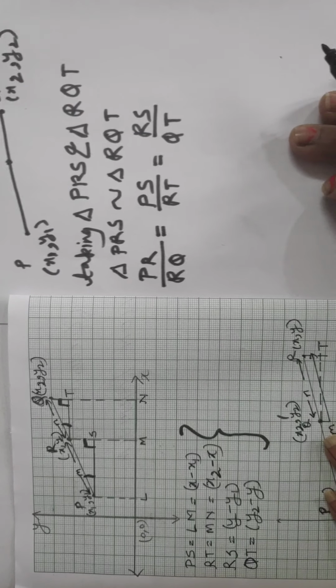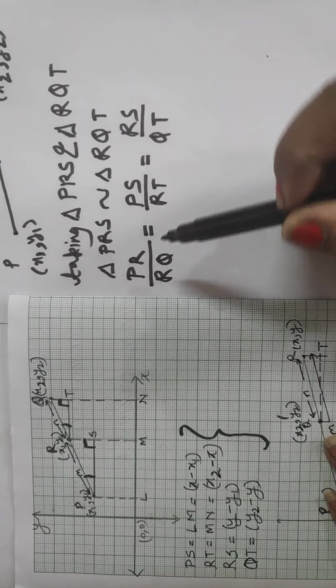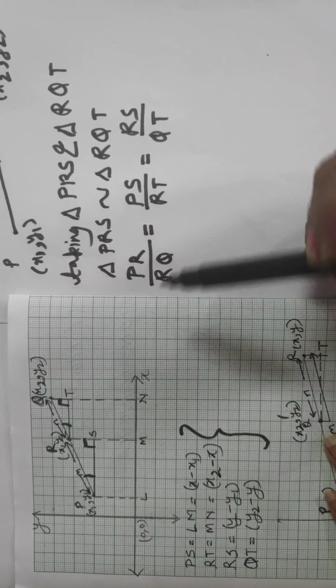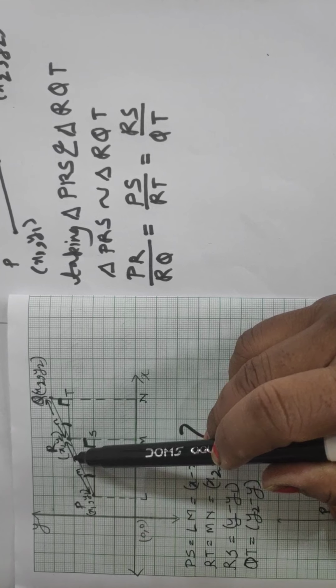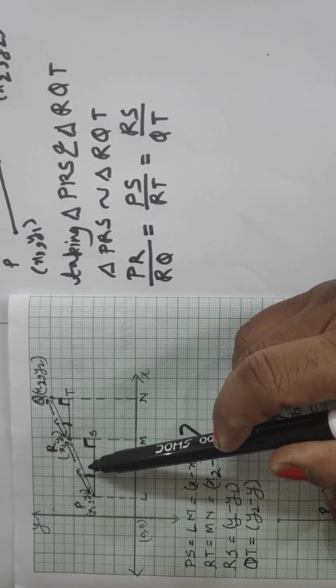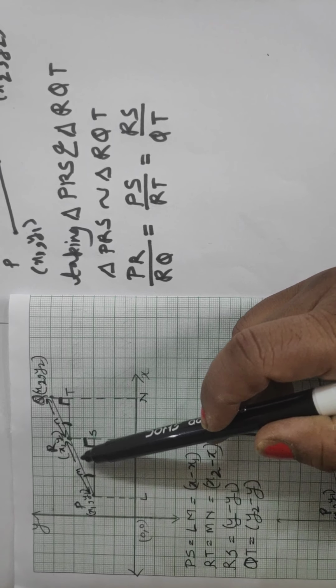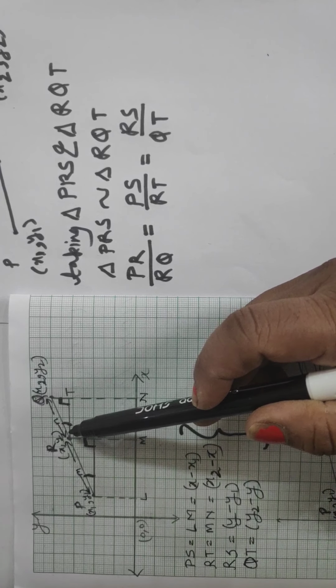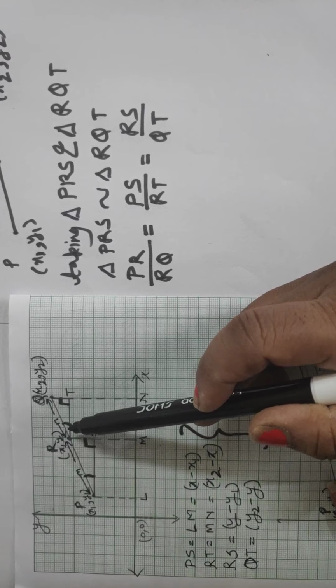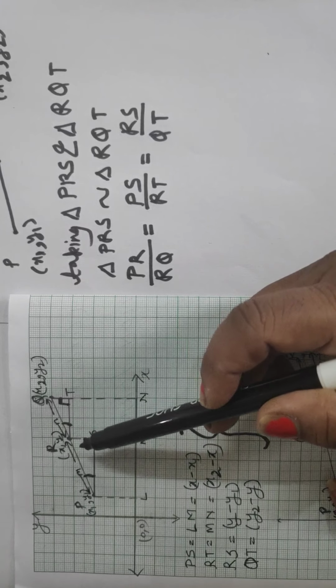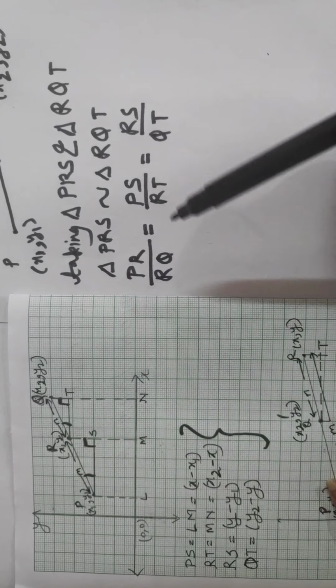Now, just see the value of PR and RQ. PR is m, suppose we are just representing the ratio m and n, the simple ratio, by m and n. We can use k is to 1 or any other alphabet we can choose.